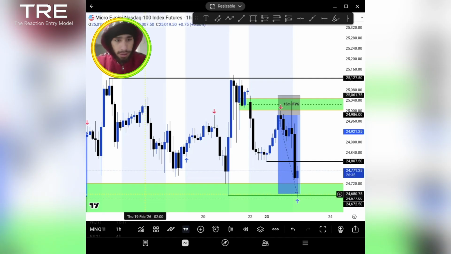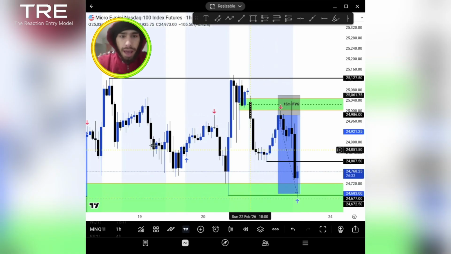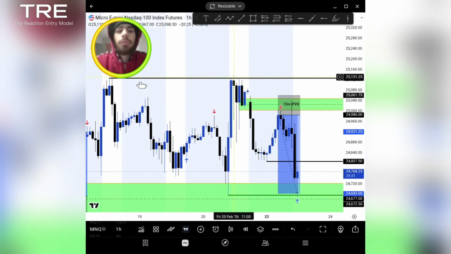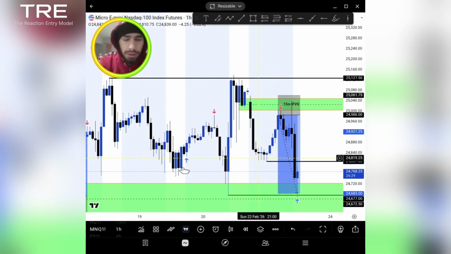So inverse the 15-minute after the liquidity sweep, big displacement to the downside, but we don't want to chase that first initial displacement, because chasing that, you're just gonna get stopped out. It's gonna come back up and stop you out. You're not gonna hit your full TPs because you're not putting yourself at a good entry point for risk management, and we'll get into that as well.